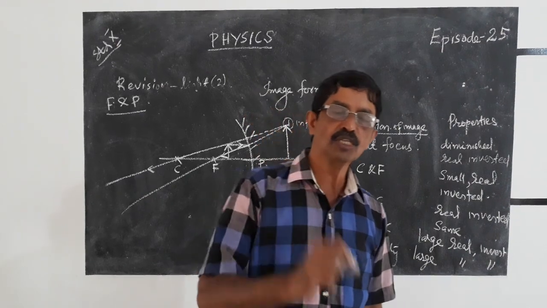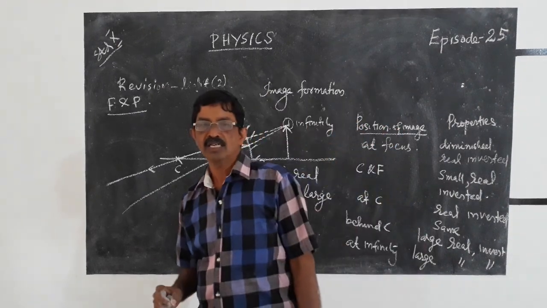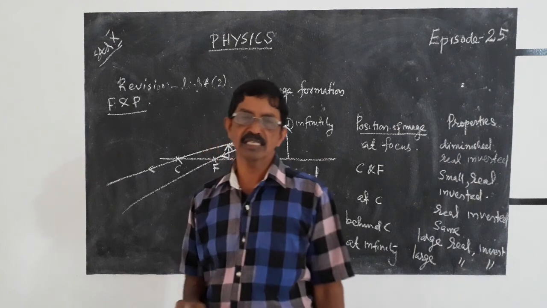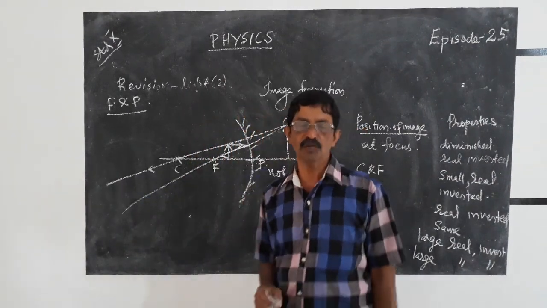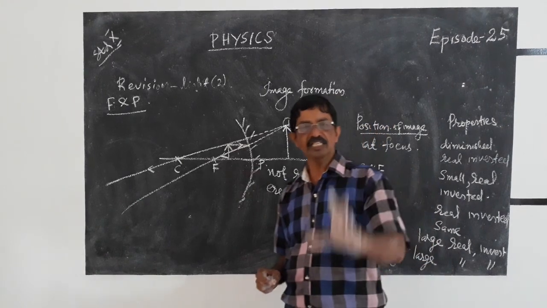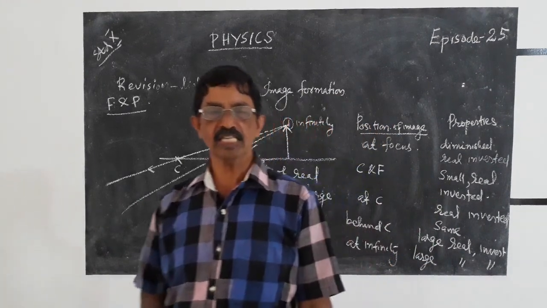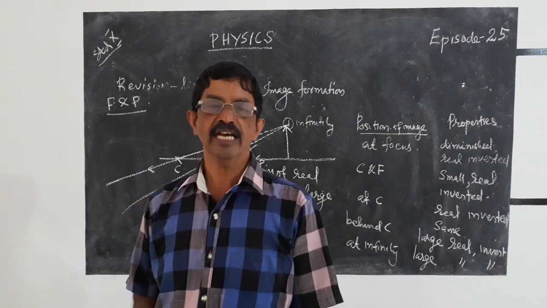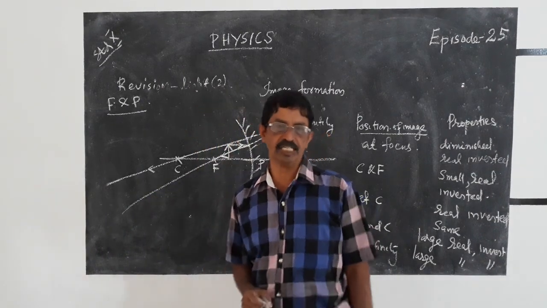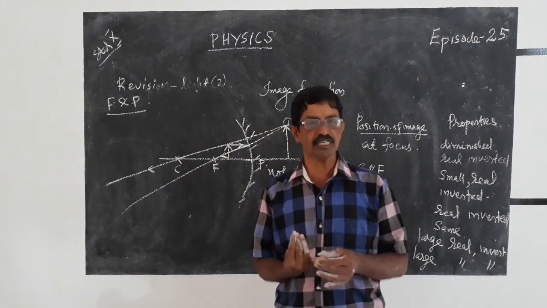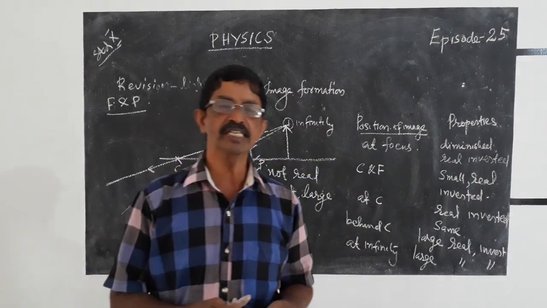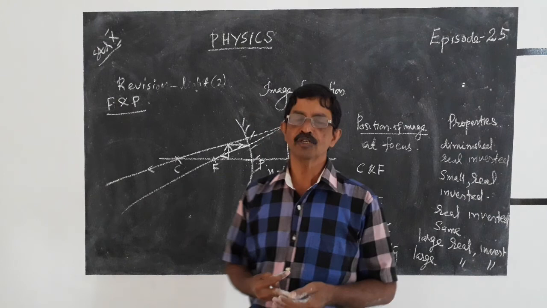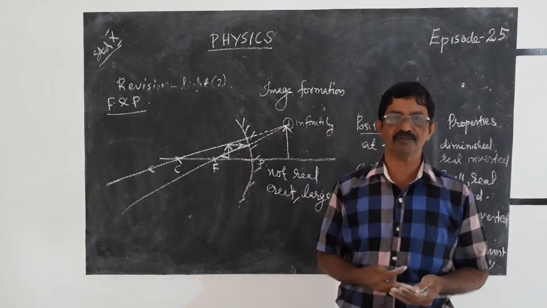A concave mirror can be used as the reflector of headlights, searchlights, and also in torchlights. So it is used in torchlights, headlights of vehicles, and also in searchlights.